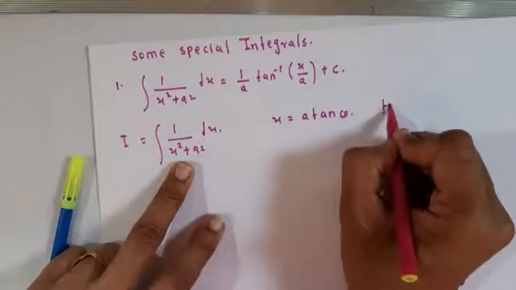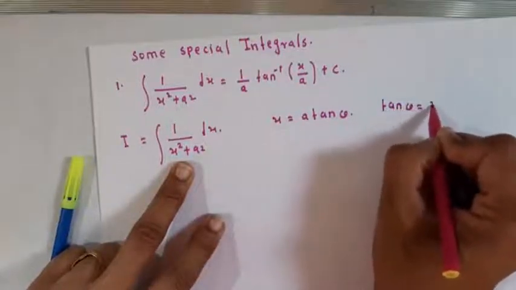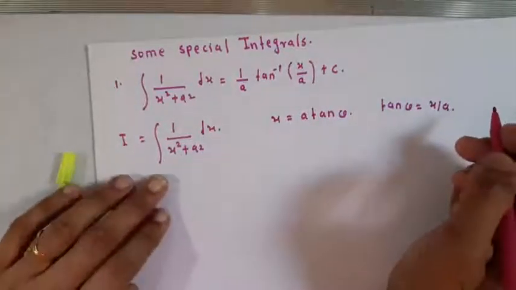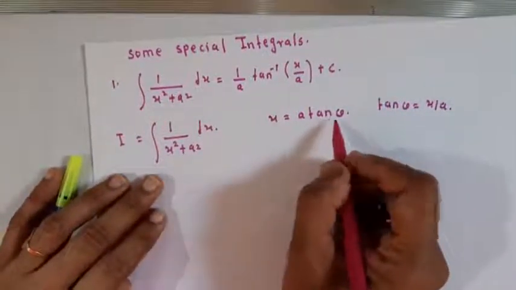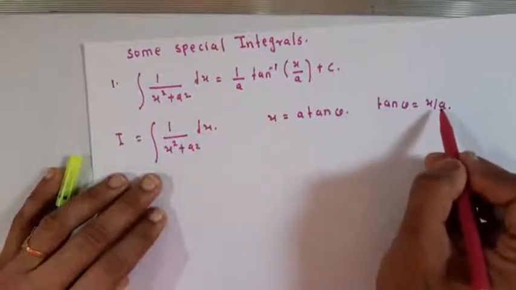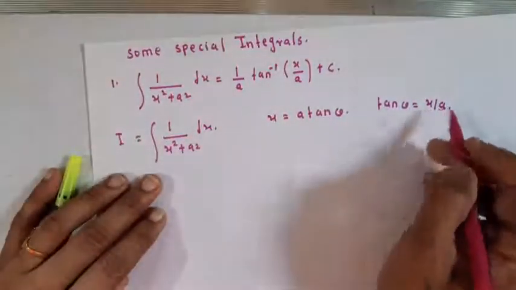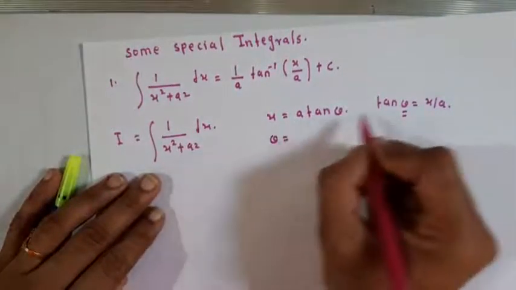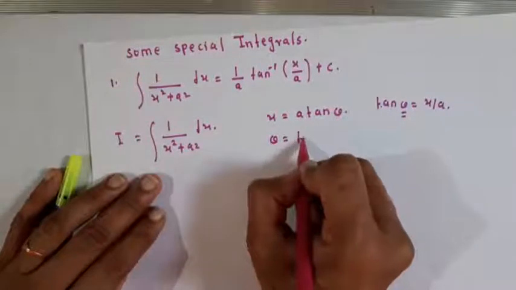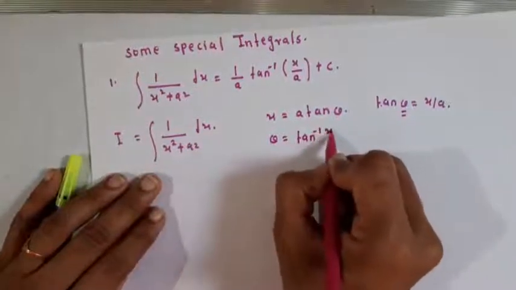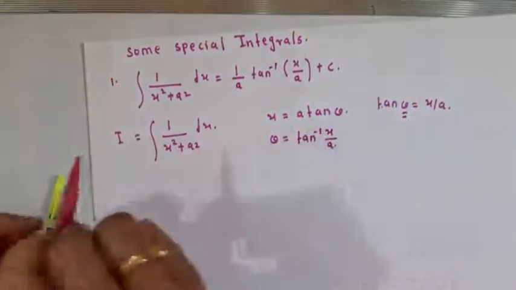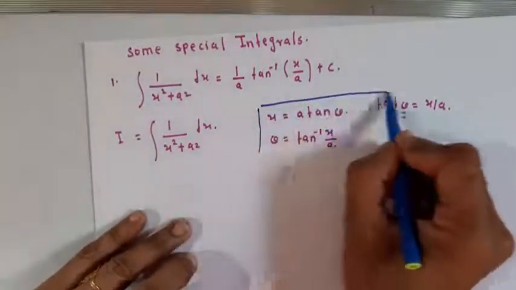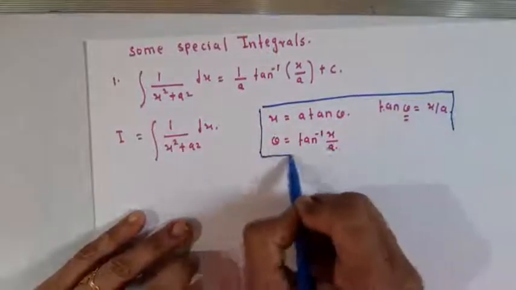This implies tan theta equal to x upon a. Now we can find the value of theta. Shifting tan to the other side, we get theta equal to tan inverse of x upon a. This is the substitution to prove this formula.